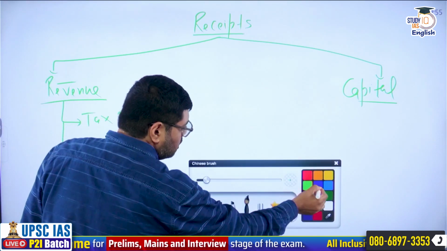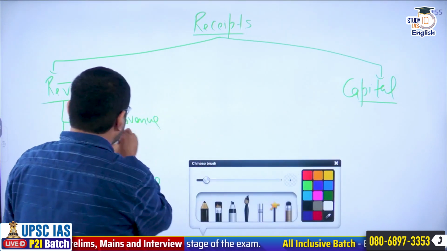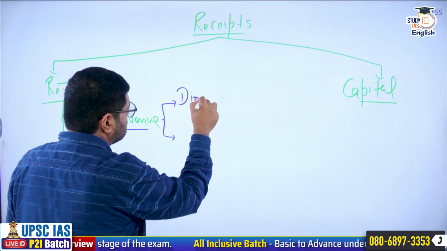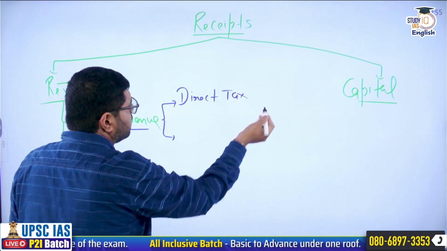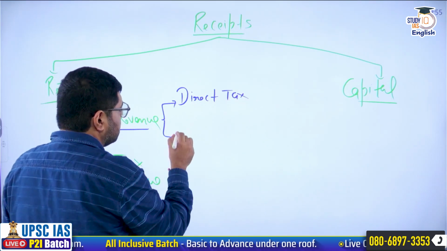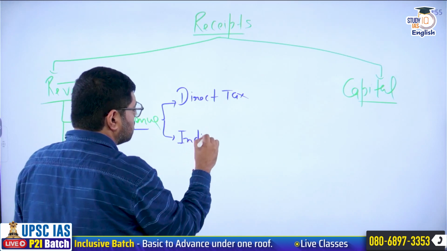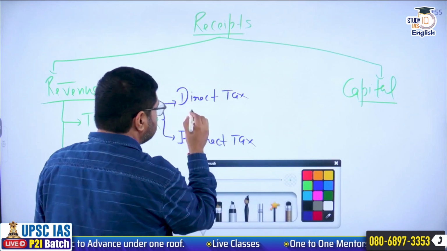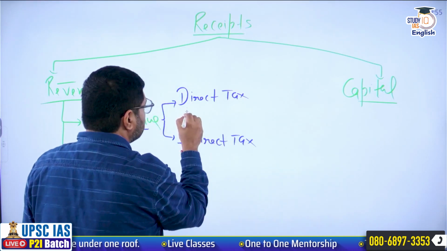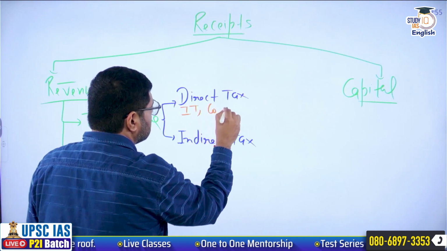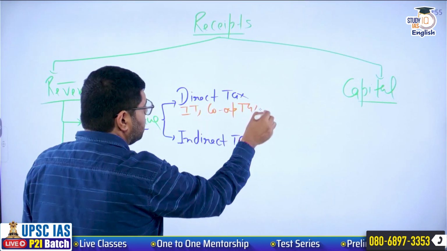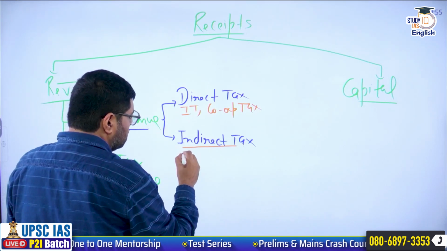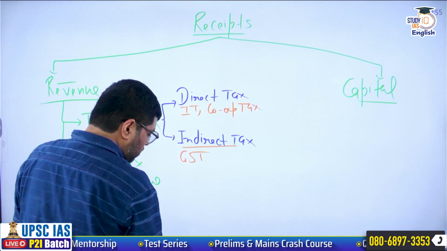Now this tax revenue includes direct tax, for example income tax, corporate tax, etc. This includes indirect tax. So when I am saying direct tax, it includes income tax, corporate tax. When I am saying indirect tax, it includes GST. So this is what you have to remember.